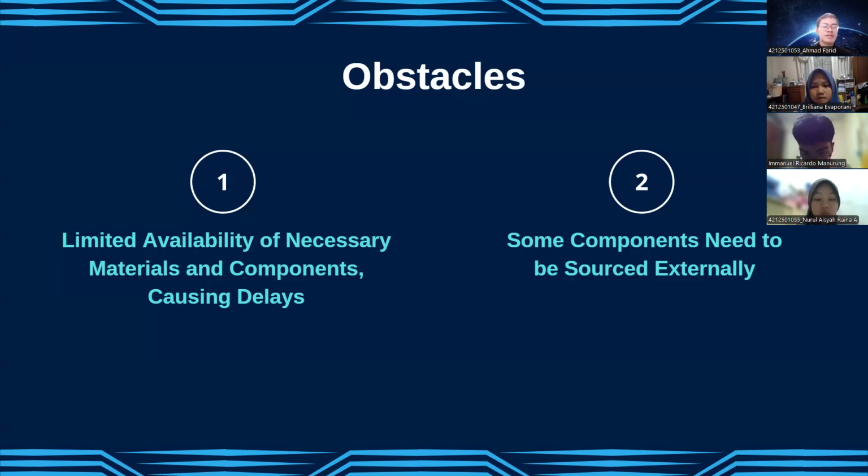The second solution is for external component procurement, that is, for components that needed to be sourced externally. The team initiated early coordination and identified alternative components with equivalent specifications to ensure the project could continue according to the learning objective.